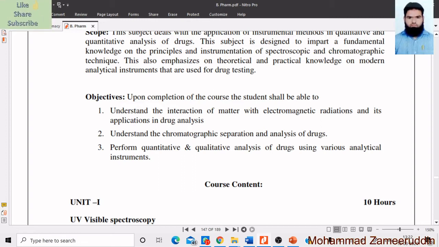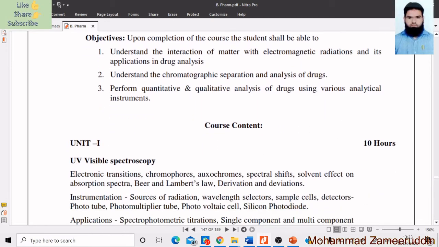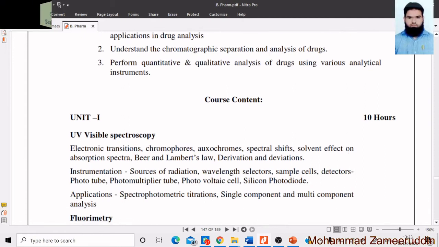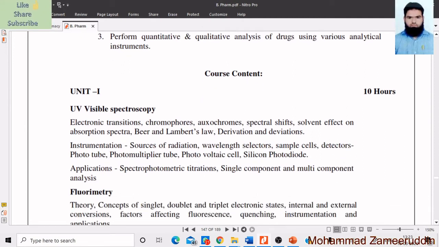After getting this knowledge, the students are able to perform quantitative and qualitative analysis of drugs using different instruments or techniques.